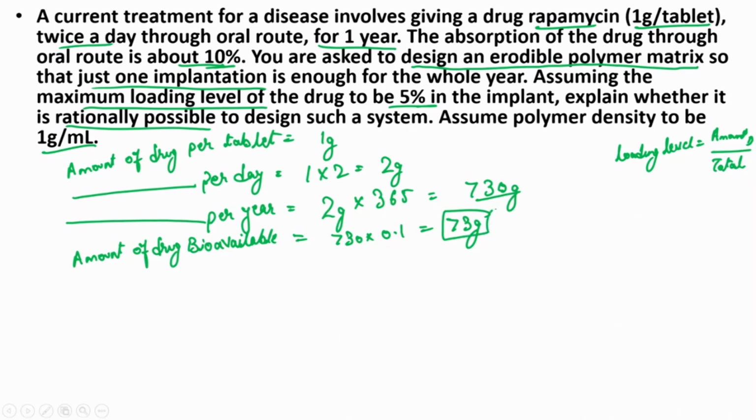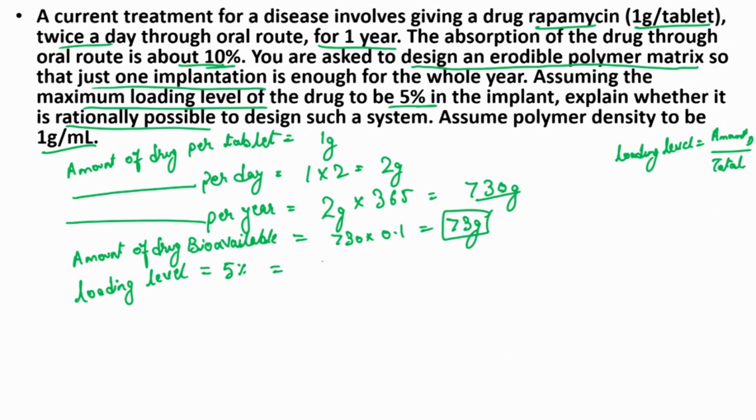So, now if we are implanting something, since we are going to implant this in the body, everything once the polymer degrades will come and remain in the body. So, we want to somehow make a device which has 73 gram of the drug. Okay. So, now we know that the maximum loading level we can achieve is 5%, which means that if I want 5% of the drug, then I need to have the rest as polymer. So, what is the total amount of implant that we need to put in?